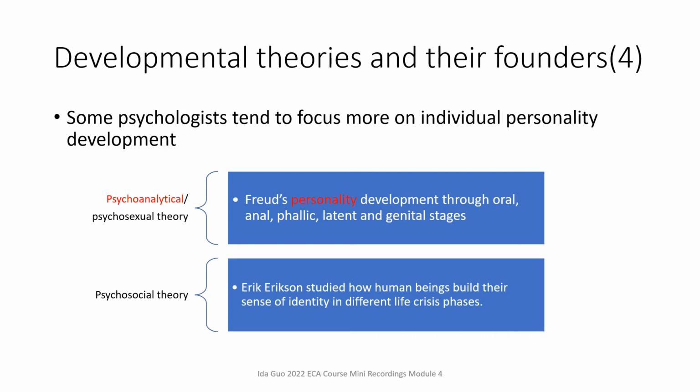And he studied how human beings build their sense of identity in different life crisis phases. And we will have a mini recording just for Erik Erikson because his theory is very important throughout this course.